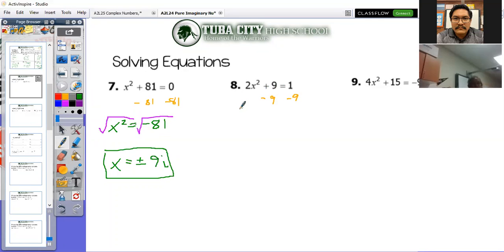All right, so let's go ahead and solve number 8. All right, -9 from both sides. And I got to get that 2 out of there. So x squared equals -4.